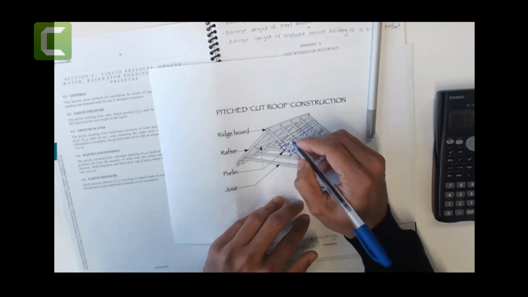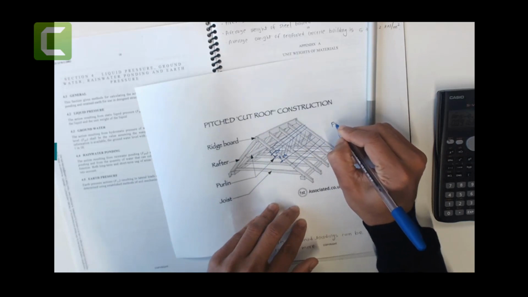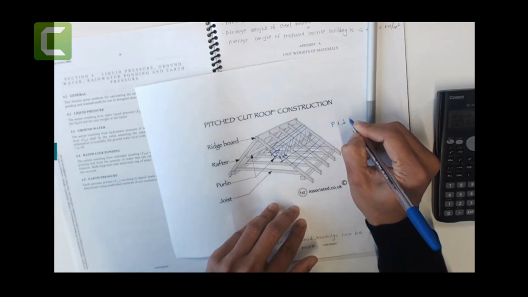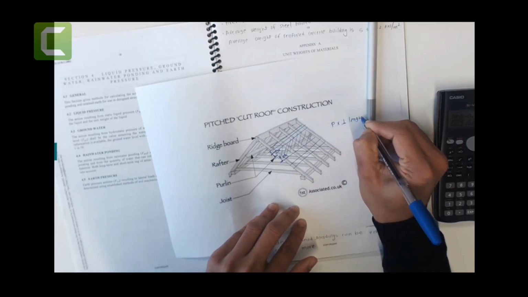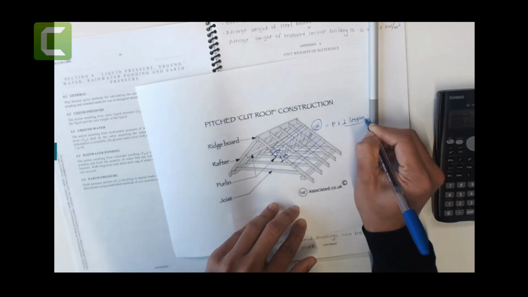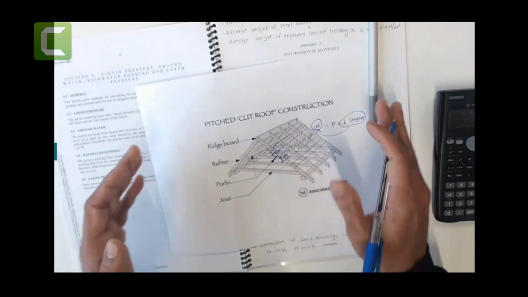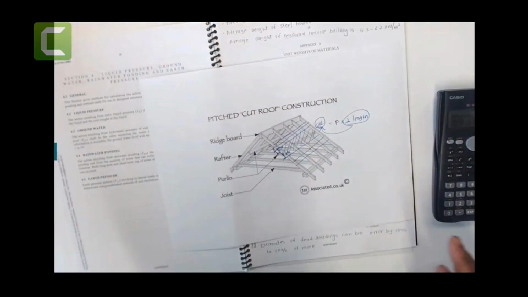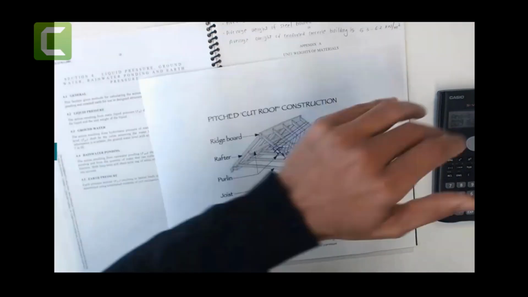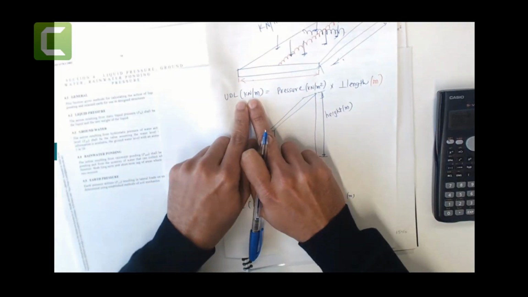You remember that if you know the pressures, then you multiply by the perpendicular length to get the UDL load. Now, if you know the UDL load, then you can just divide by the perpendicular length, 900. So it's just working opposite. Working opposite meaning that if you know the pressures, you can calculate the UDL load.